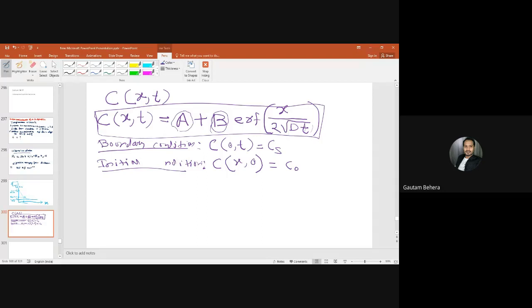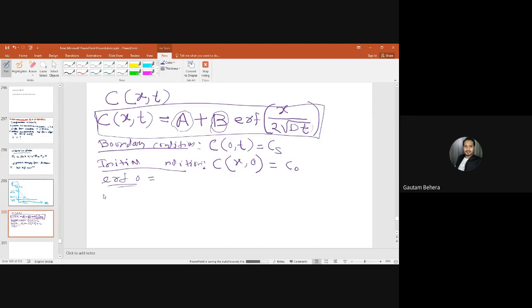Am I audible to everyone? Yes, sir. Okay, you can see here x is 0. So if I put 0 here, what will I get? Error function of 0 is 0. You have to remember this one. This is important. Because x is 0 here already, it is present over here, right?